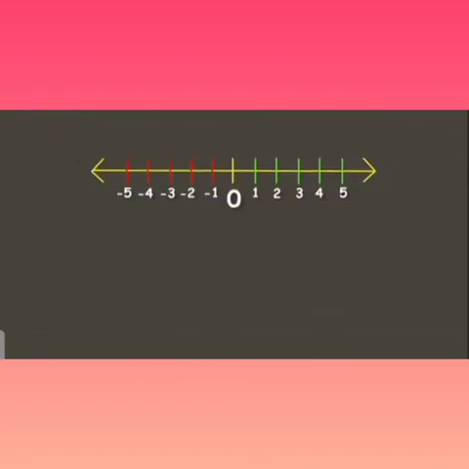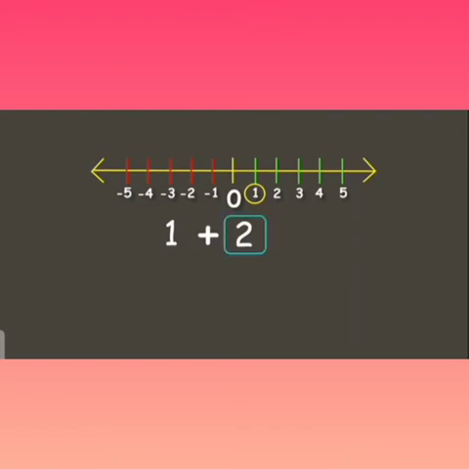Let's try our first example. We have here positive 1 plus positive 2. I know that you already know the answer to this, but let me show you how to solve this using our number line. We have here positive 1, and we need to add positive 2.